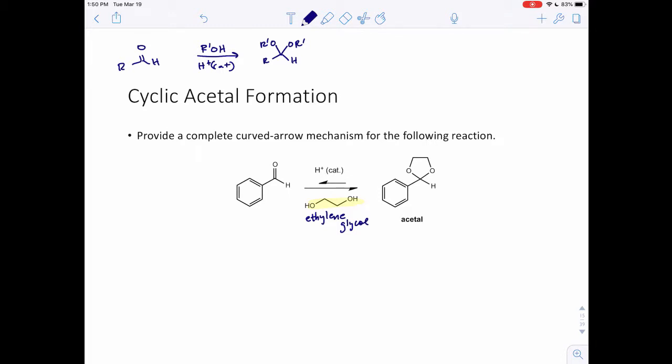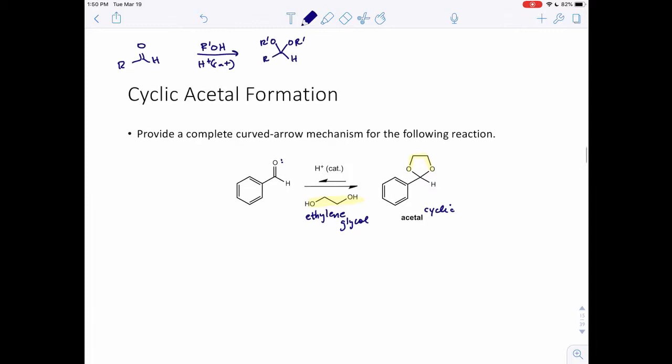You've encountered it before. If you treat it with a diol, you can make this cyclic acetal. Okay, so here's the alcohol. It's been deprotonated. So you should pause and see if you can draw the mechanism for this reaction. It's exactly like the previous example, except now you have a diol. So you have an intramolecular attack at some point.